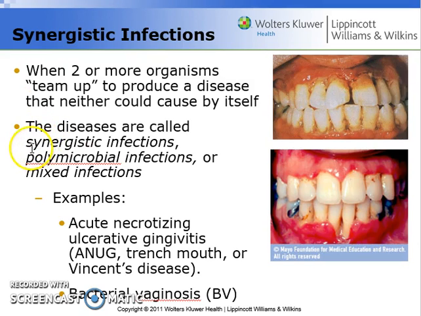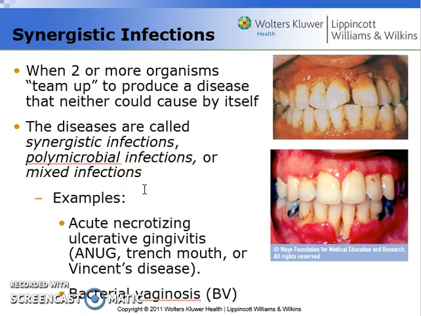We call these synergistic infections. They're also known as polymicrobial infections, which just means you have many microbes working together, or mixed infections. So all of those mean exactly the same thing. You have more than one bacteria that is eliciting the disease.